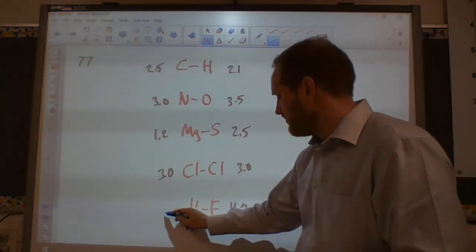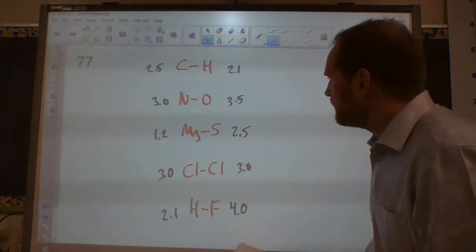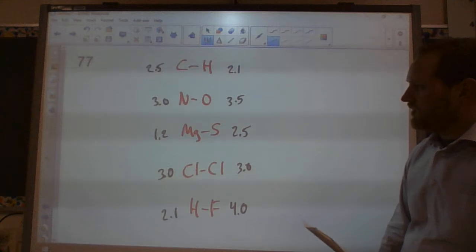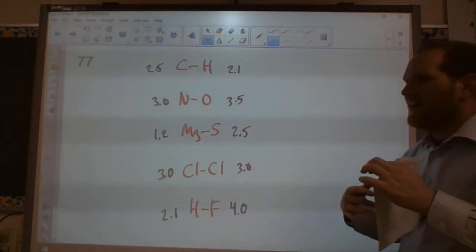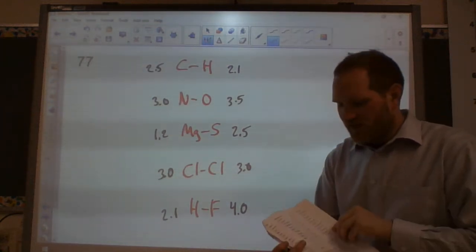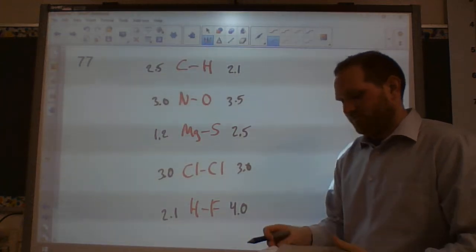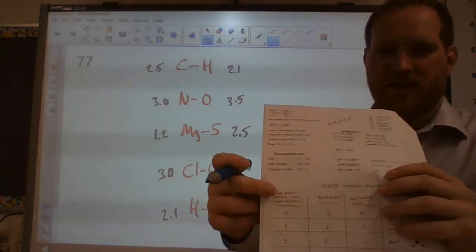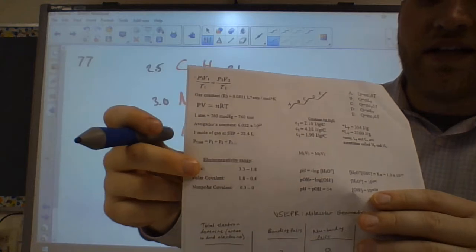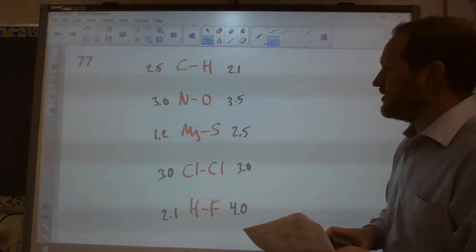It's the highest electronegativity, hydrogen is 2.1. So I can already tell that we're going to see that the range that you see here, it's sort of like a guideline. You'll see what I mean in a second.